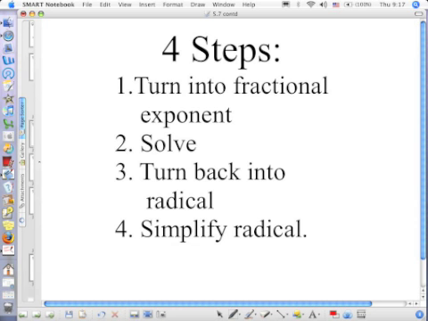It doesn't matter. Okay? But for multiplying and dividing, we're going to turn it into a fractional exponent. Then we're going to solve it using the procedures and the things that we learned the other day. Then we're going to put it back as a radical, because how we start is how we finish. Then you're going to make sure that the radical is simplified.